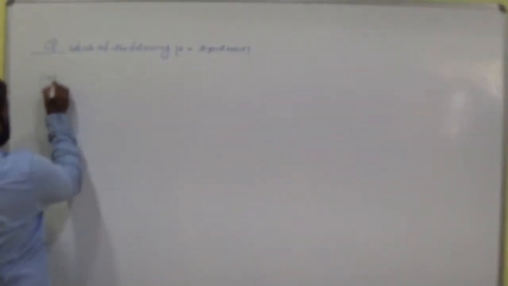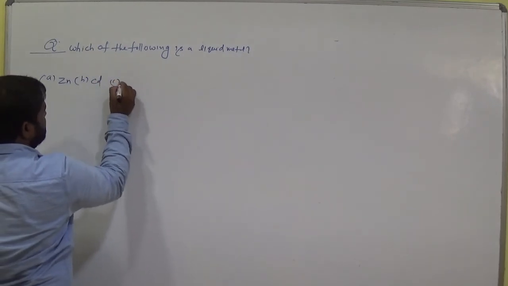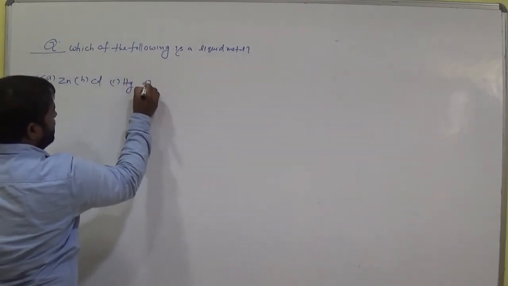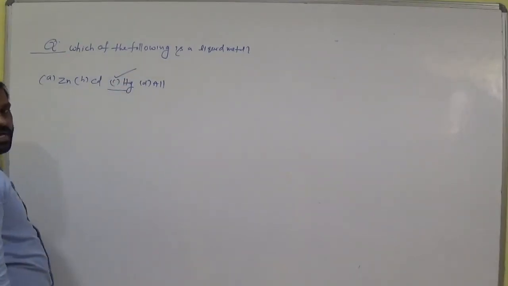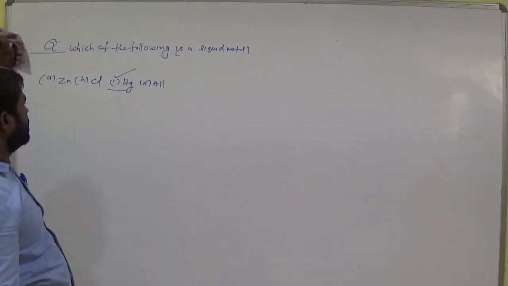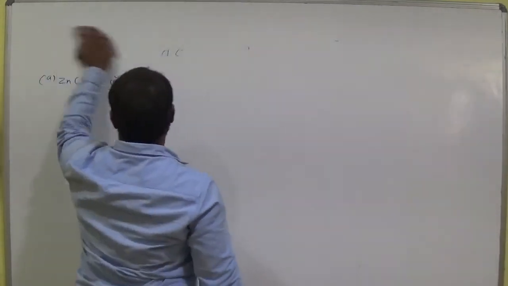Option A, zinc. Option B, cadmium. Option C, Hg. Option D, all. Which one is correct? The liquid metal is mercury. Clear? And one more important point here.